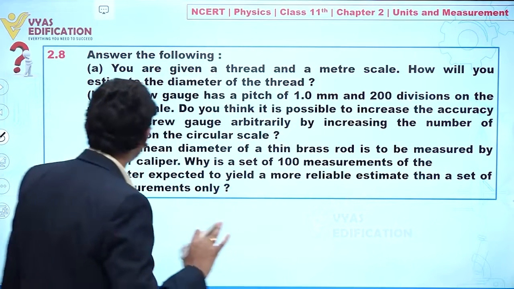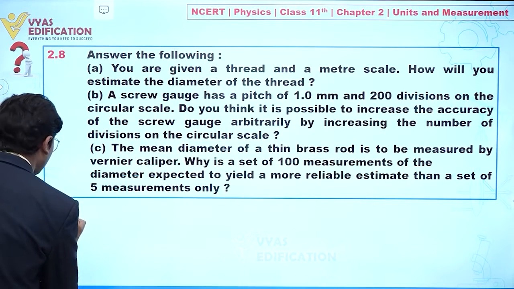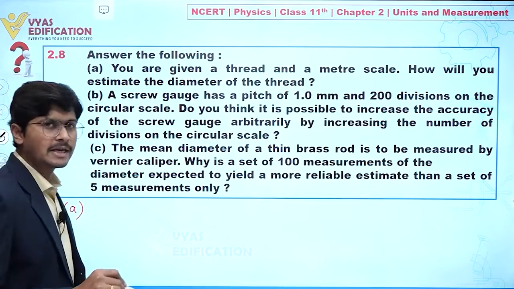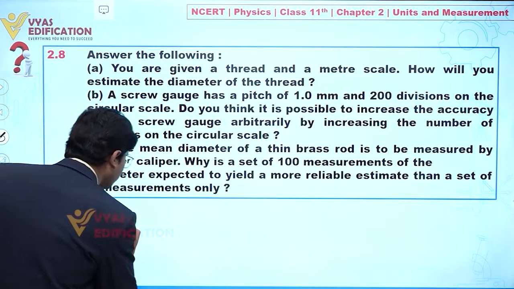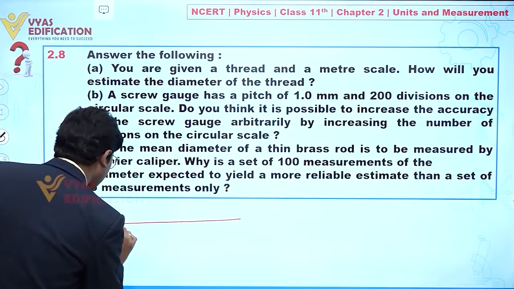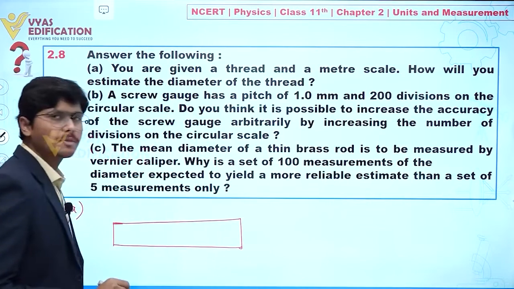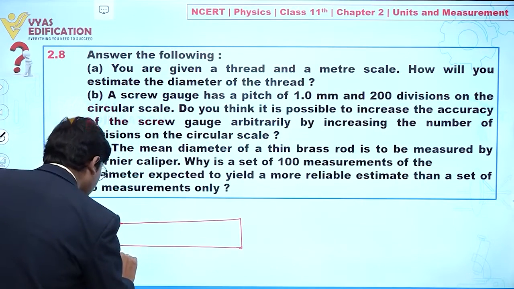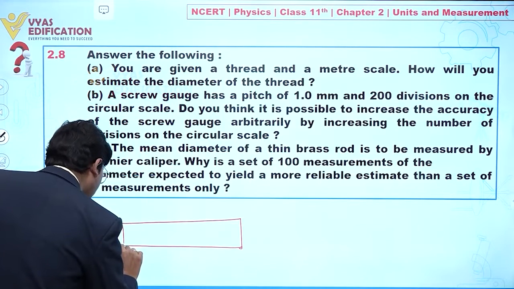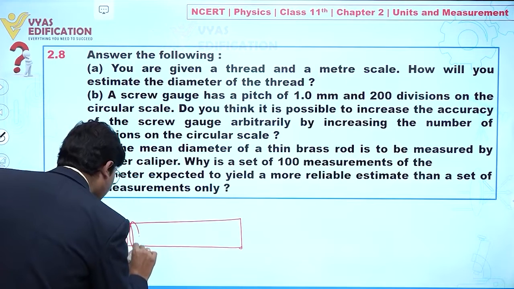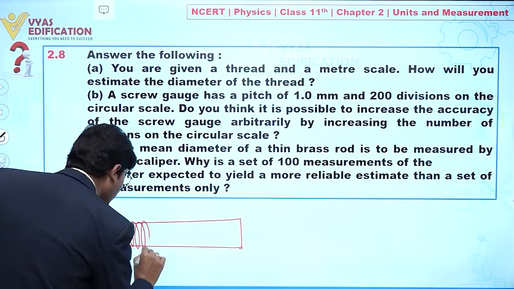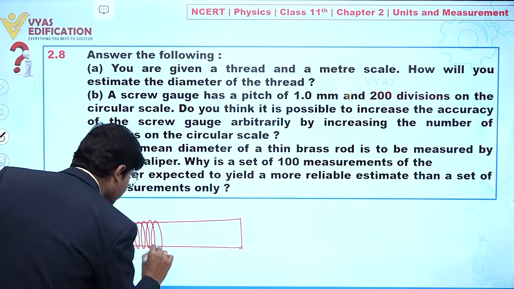So again, a very simple logic you can apply here. Let's suppose this is a meter scale, and let's suppose here we are having this thread, and let's suppose you are wrapping this thread on this meter scale like this.